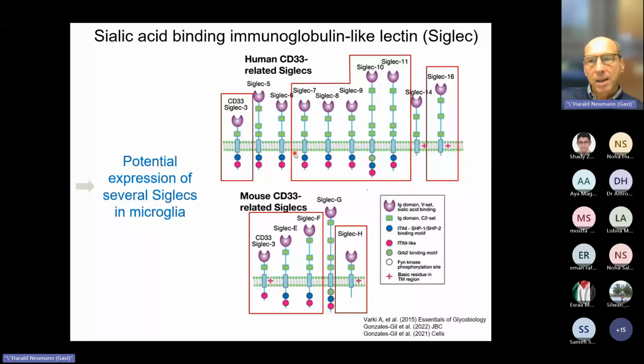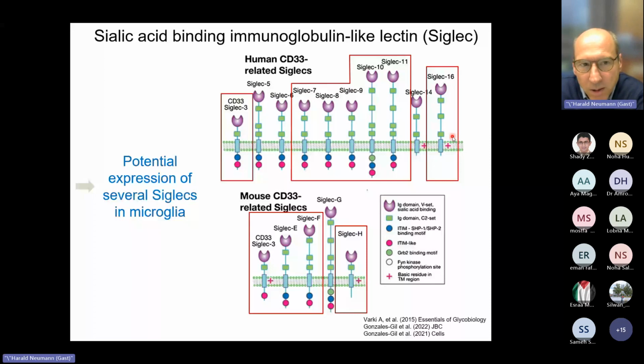So they came very late in evolution and have a lot of gene duplications. Then there were some Siglecs popping up like Siglec 16. They are not even uniform and have diverged in the human population. Only about 30% or 40% of the population have an intact Siglec 16 gene, and most of us have only a pseudogene, a non-functional Siglec 16 gene. So it has even diverged in its expression profiles in different human populations.